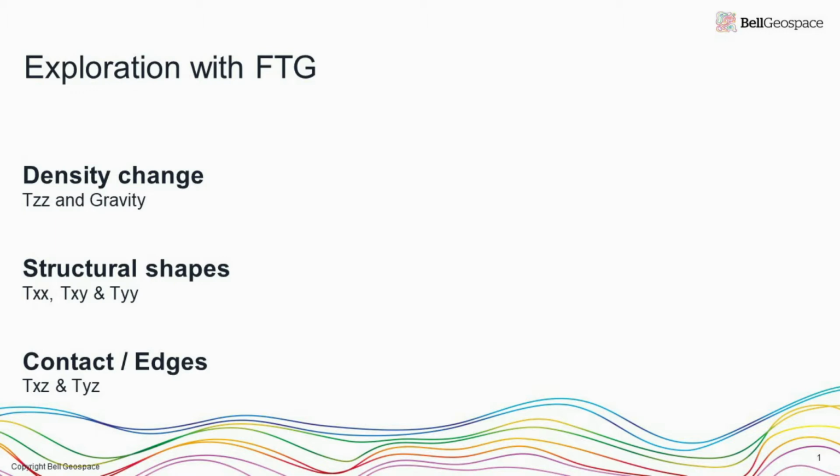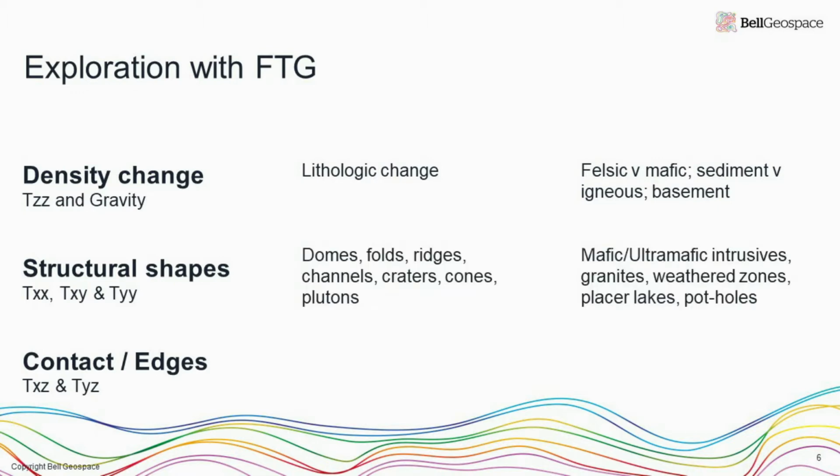The TZZ and the gravity will allow us to identify lithologic change, that is a density change exhibited by going from felsic to mafic rocks, sediment against igneous and basement. Then the structural shapes: these manifest themselves as domes or folds or ridges, channels, craters, cones, plutons and many more.